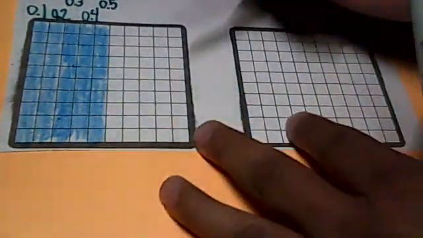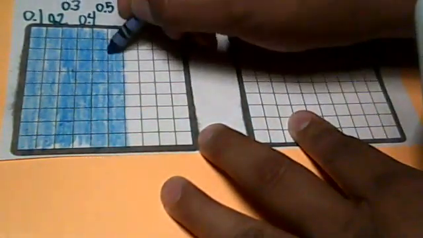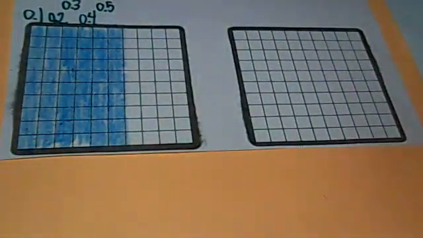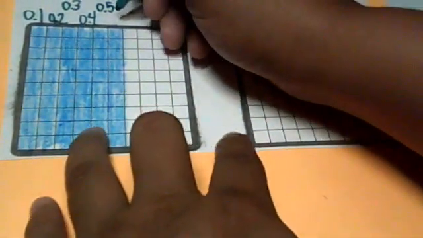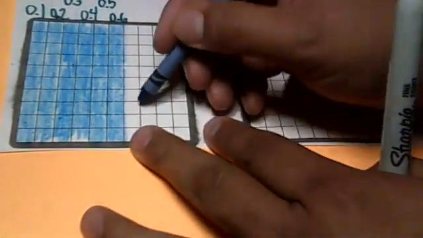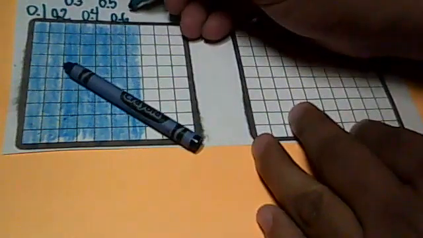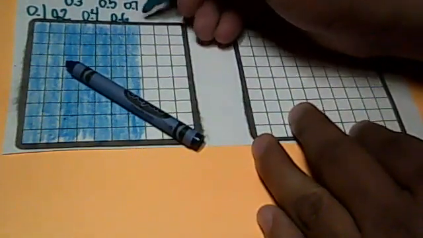If I keep going, you're going to see that eventually I'm going to get a whole flat complete. 0 and 6. That's 0 and 7.